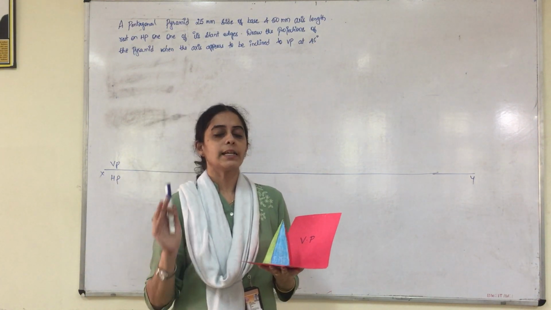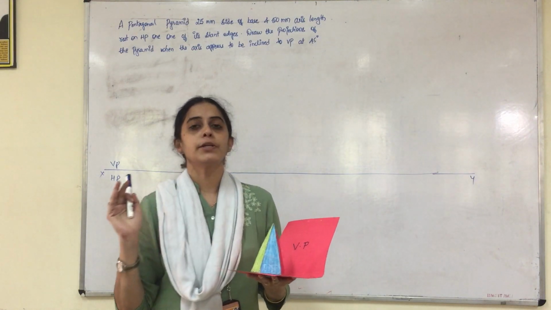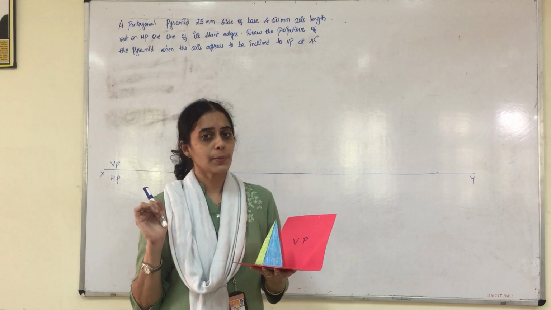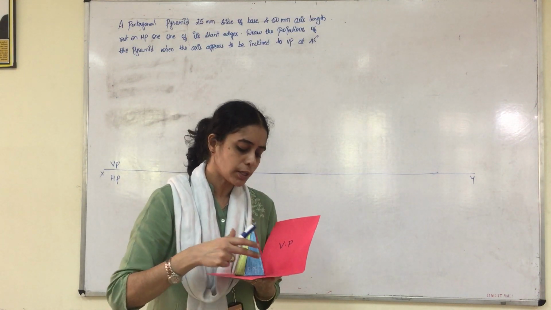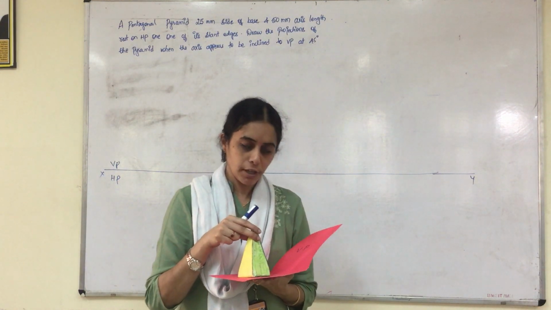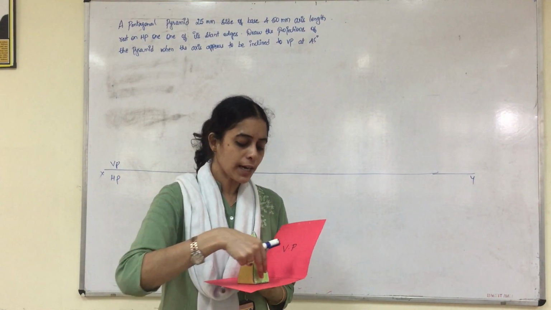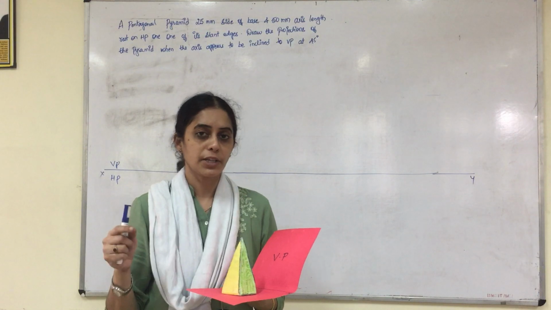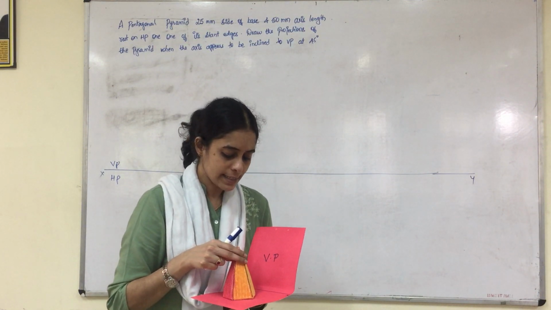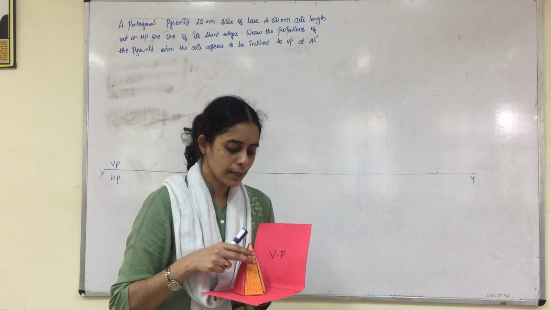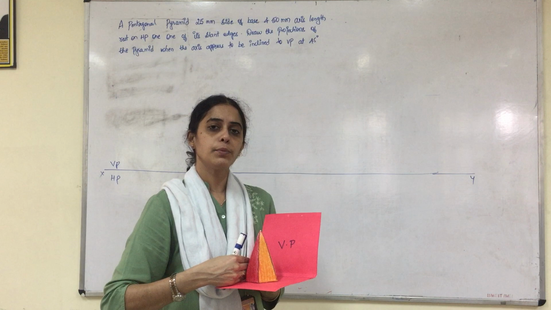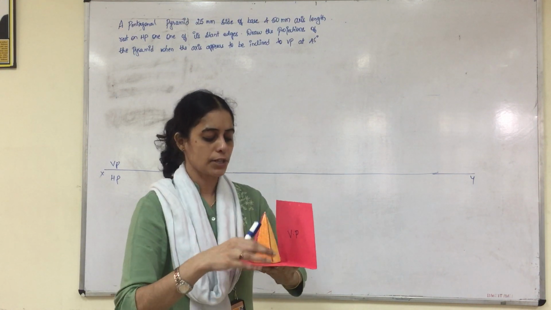Irrespective of the type of pyramid, whenever the problem is with respect to slant edge, you should keep one of the corners towards your right, not the edge. If you keep the edge, you won't get the projection of the slant edge in the front view. You have to keep one of the corners towards your right, such that the edge comes towards your left.